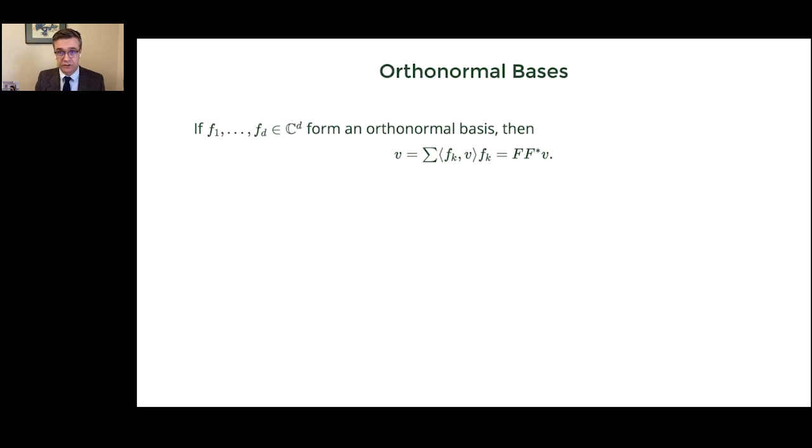Written in terms of matrices, what your data was F star V, and then you just multiply that by F, and that will get you back to V. Okay, orthonormal basis solves it very nicely.